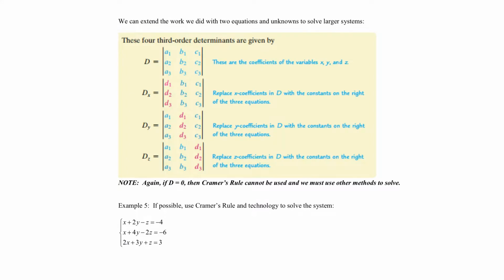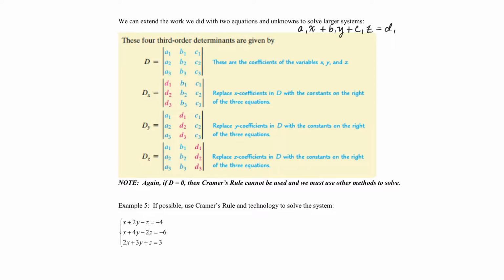We can extend this work we did with a system of 2 equations and 2 unknowns to solve larger systems. So in general, a system of 3 equations and 3 unknowns is going to look like this. a sub 1 x plus b sub 1 y plus c sub 1 z equals d sub 1. All the coefficients of the first equation.